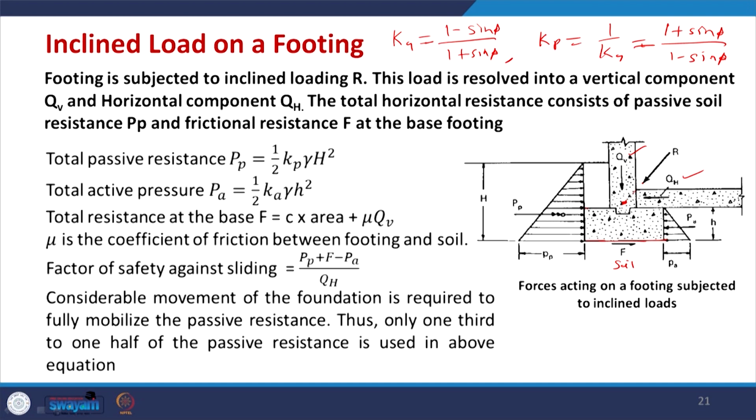So, this is active earth pressure and passive earth pressure. Then total resistance at the base can be calculated. If you have cohesive soil, then C into area. If cohesion is absent, then this term will be absent, and then mu multiplied by QV, where QV is the vertical load. Mu is the coefficient of friction.